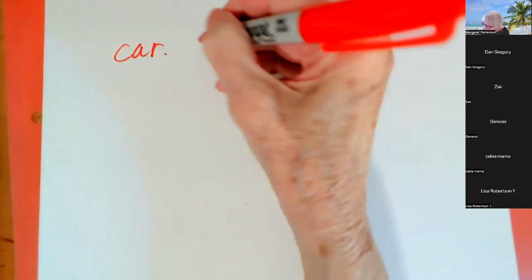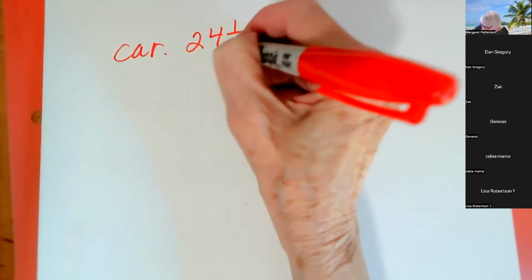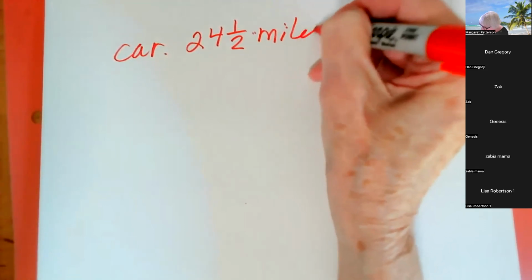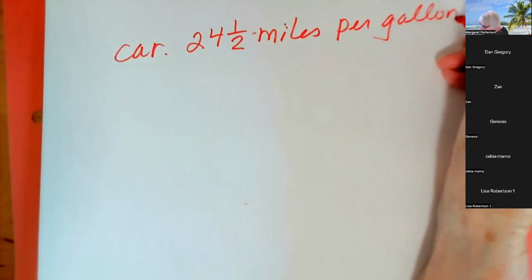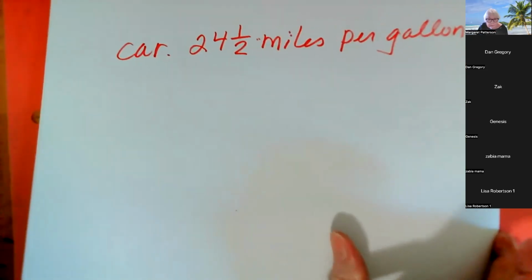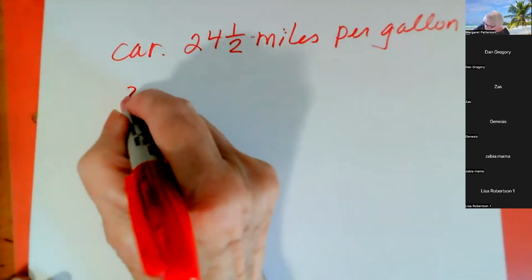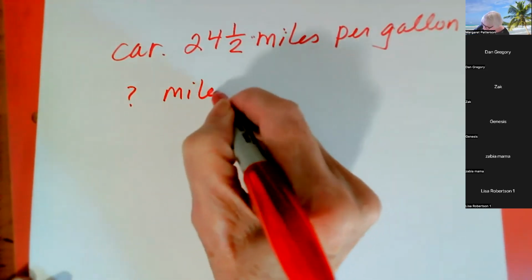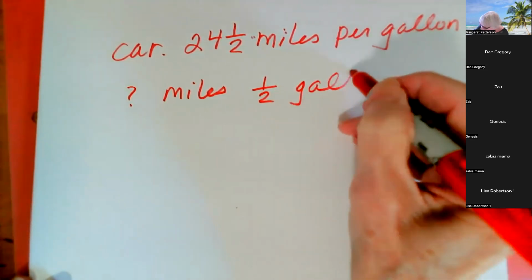The car gets 24.5 miles per gallon. So the question was, how many miles will it get with a half a gallon?